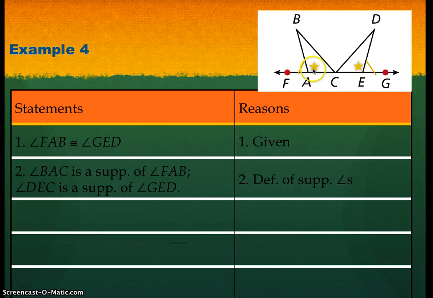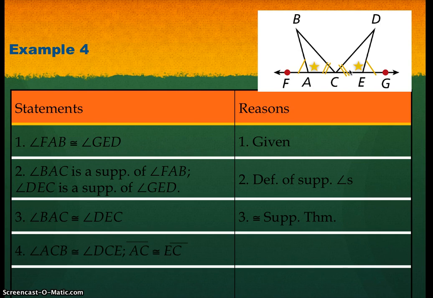So because they add to a straight line on this side and add to a straight line on this side, we can know the interior angles are equal. So therefore angle BAC is congruent to angle DCE by supplementary, because they're congruent supplementary angles.